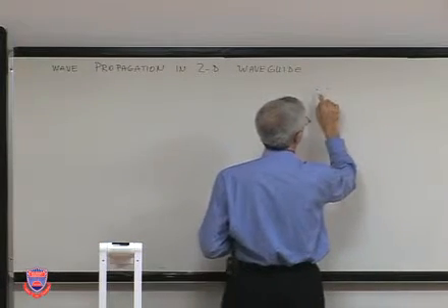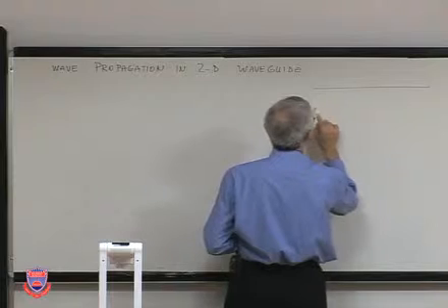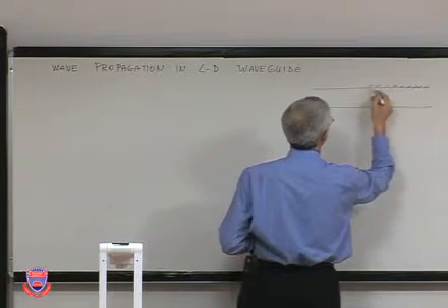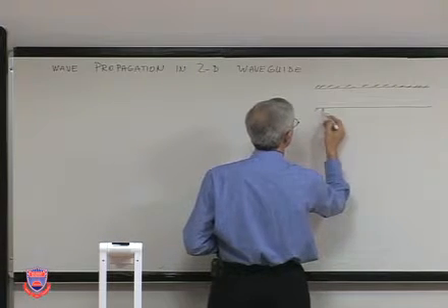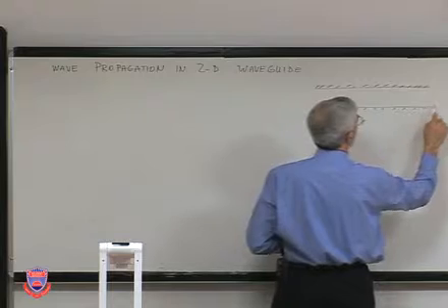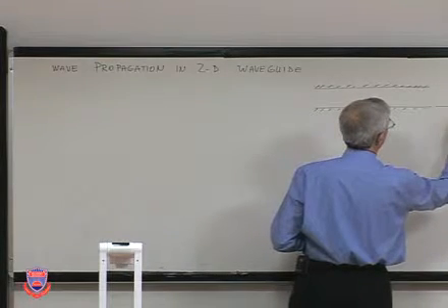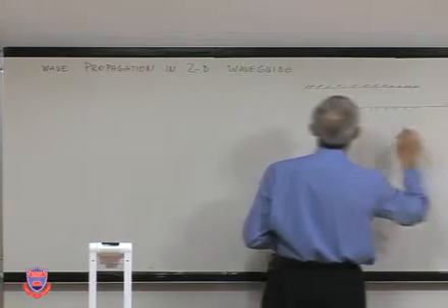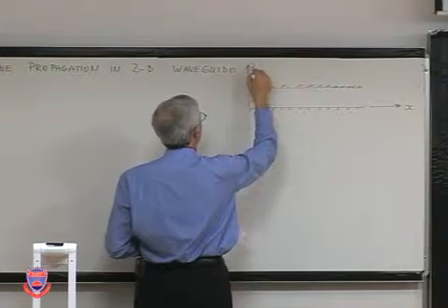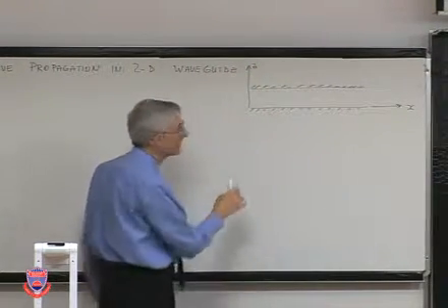Okay, let's consider this waveguide. The walls are rigid. The lower wall is on the x-axis, and the normal to it is in the z-axis.